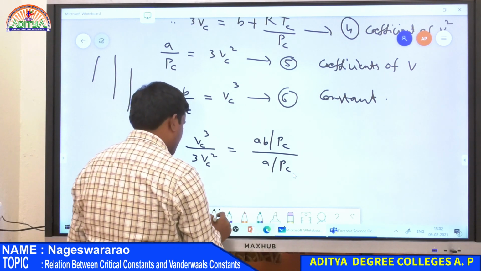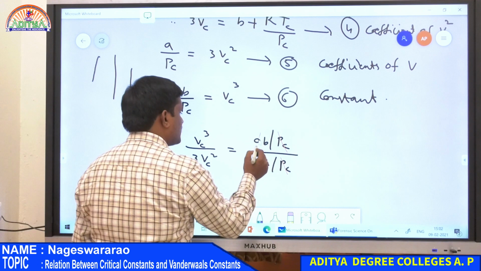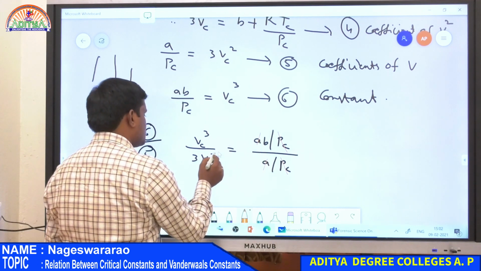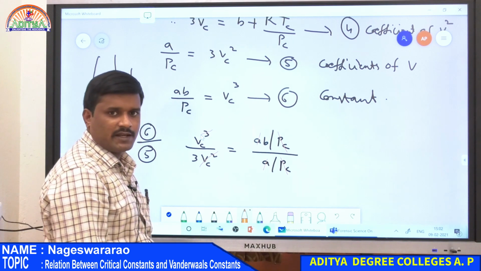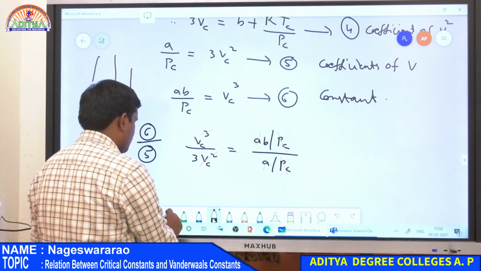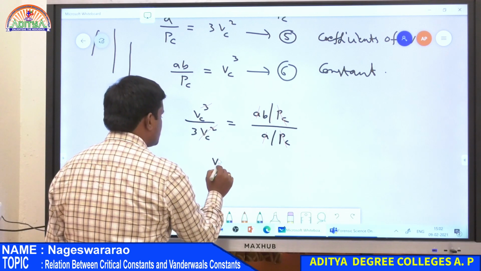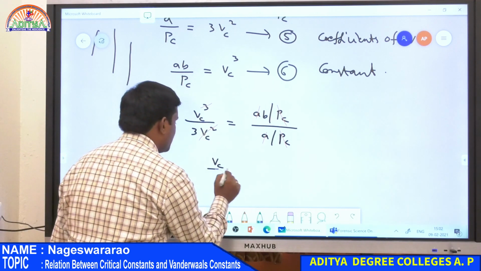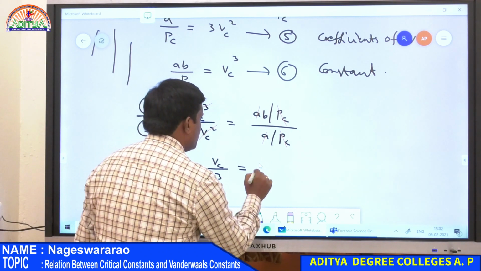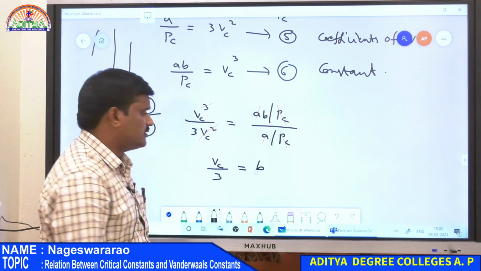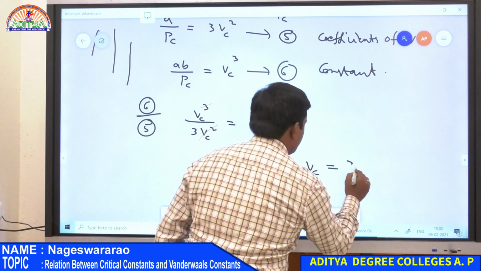So Pc gets cancelled, A gets cancelled, and Vc square, so here 3 times, both get cancelled. Simply we have, what is the remaining term in this equation? In the numerator there is only Vc, and in the denominator this is 3. This is equal to B.